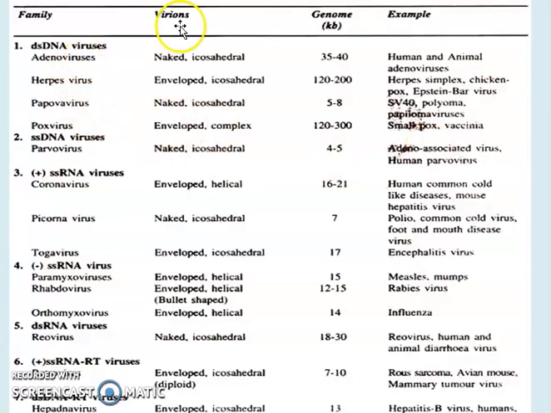So we'll see an overview of the different categories of viruses. The double-stranded DNA viruses we have discussed, and they have different types of virions, and also the examples I already told you: adeno, herpes, papilloma, pox virus, etc. Then the single-stranded DNA viruses, and then plus-stranded single-stranded RNA viruses. Here plus-stranded means this RNA itself acts as an mRNA.